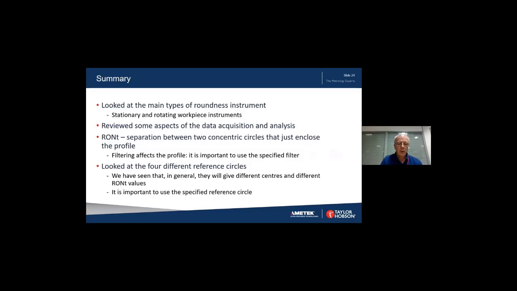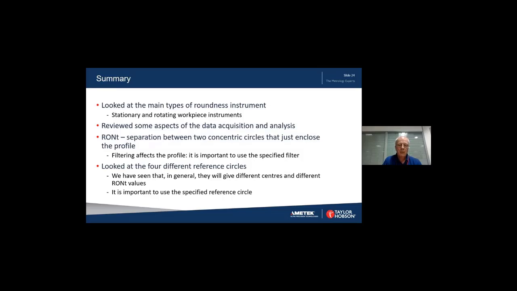So in this presentation, we've looked at the 2 key types of roundness instruments and some aspects of roundness measurement, including some data acquisition considerations and data fitting. We've seen examples of rotating workpiece and stationary workpiece instruments, and we've looked at some of the advantages and disadvantages of each type.